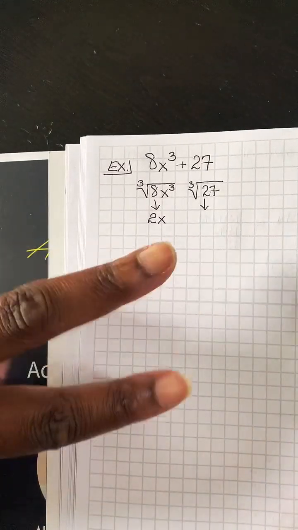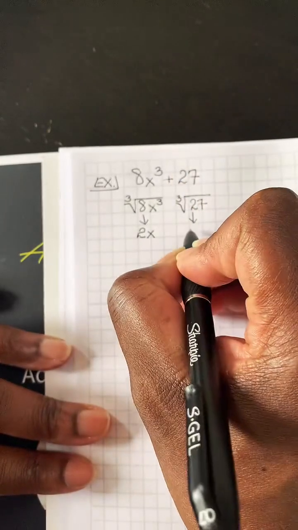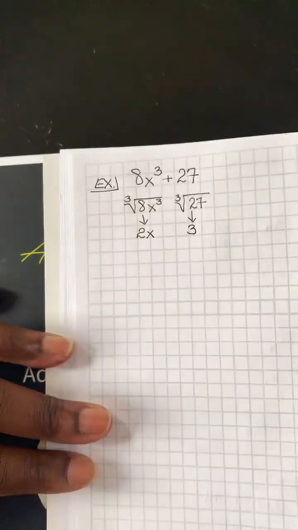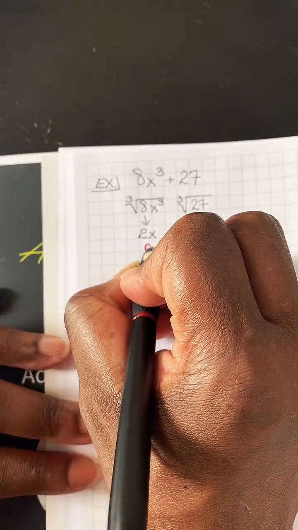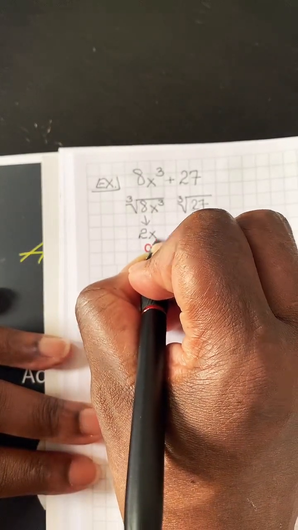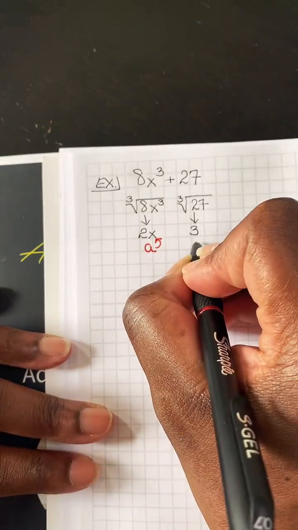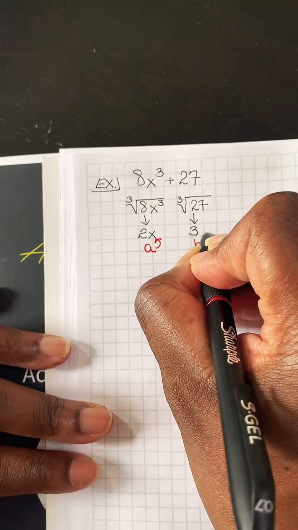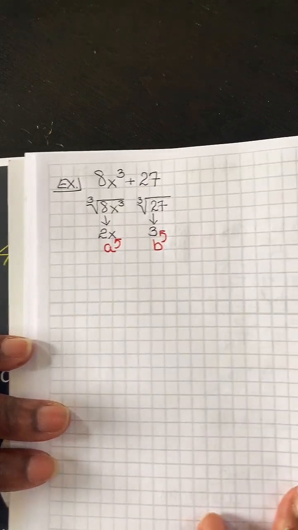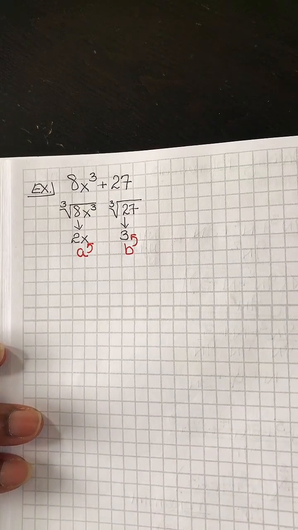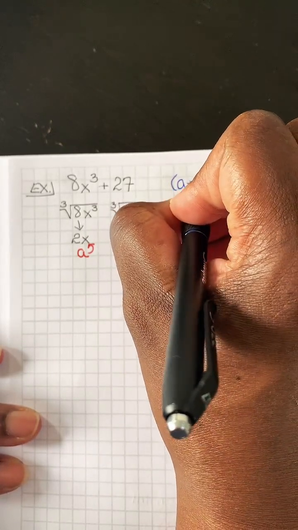So that means 3 times 3 gives me 9. 9 times 3 gives me that 27. So we have 3. What you just found is what's going to represent your A, which is that entire expression, 2x. And what's going to represent our B, which is the 3. So since this is the sum, that means we're looking at A plus B.